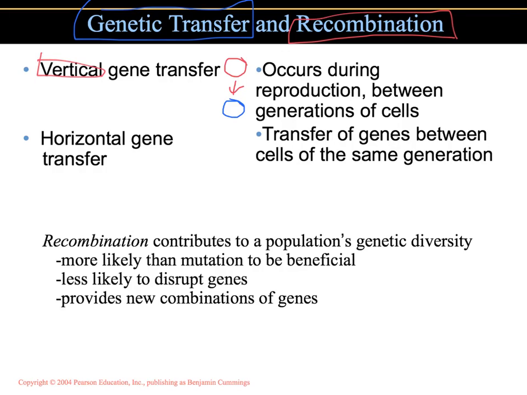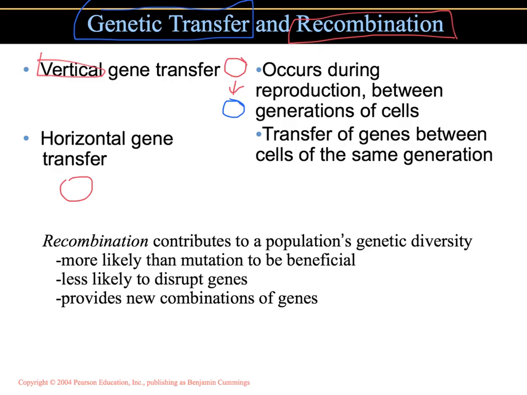And of course, bacteria. Now, bacteria do not only pass their genes to the next generation, and that would be vertical gene transfer, but there's also horizontal gene transfer, which they are able to accomplish. And horizontal gene transfer would be between bacteria within the same generation.